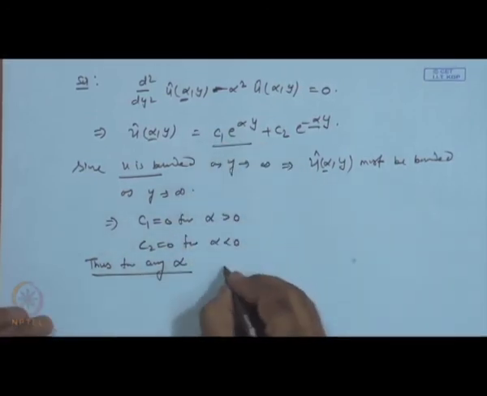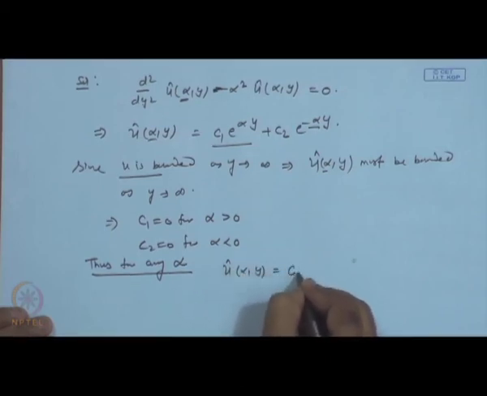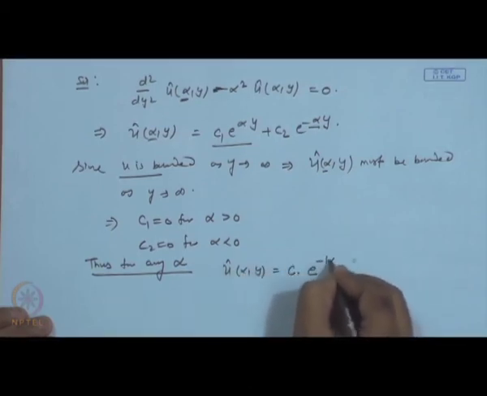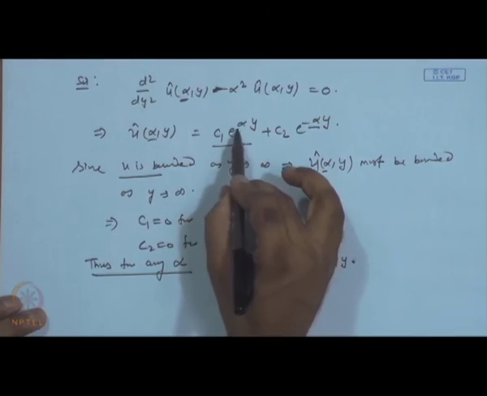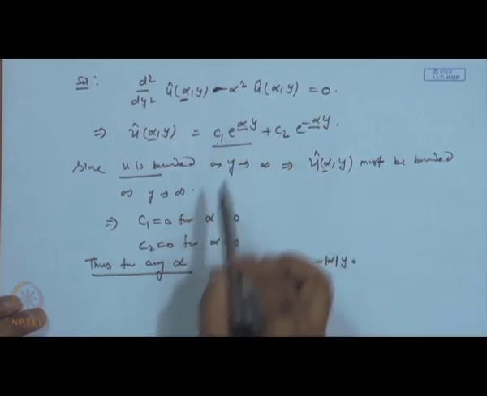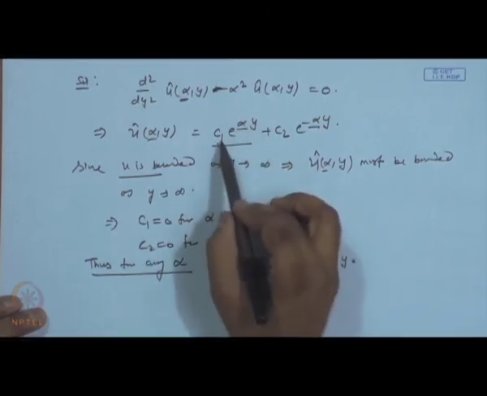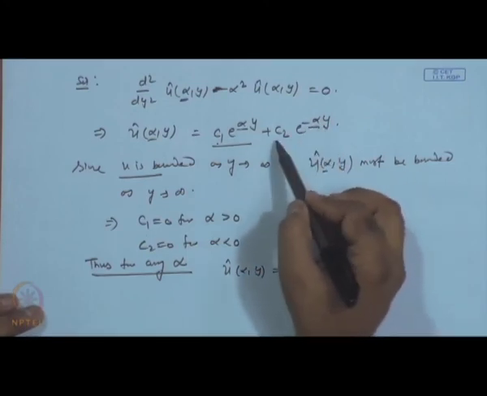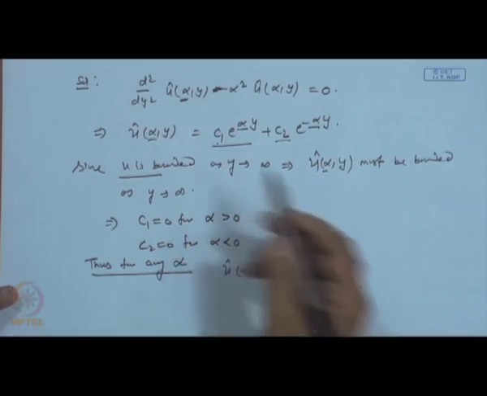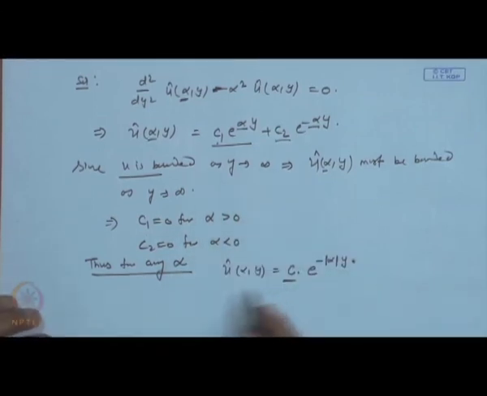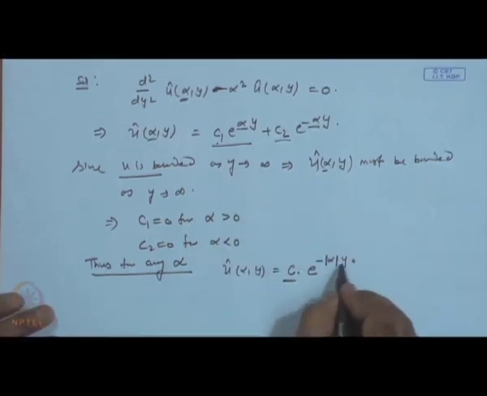So in any case, for any α we can eliminate one constant, because we are getting some constant times e^(−|α|y). The C1 will be 0 if α is positive, and if α is negative, the C2 will be 0. So what we have is some constant times e^(−αy).